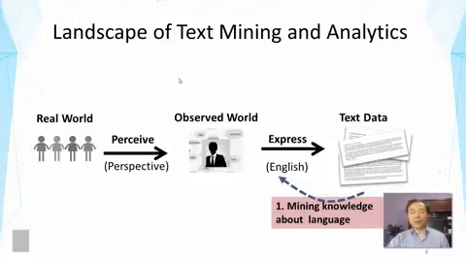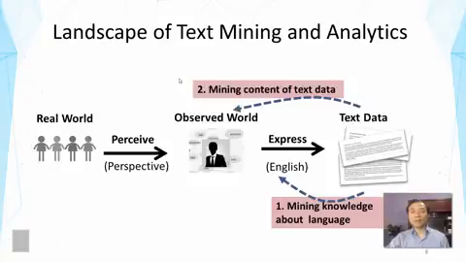That means by looking at text data in English, we may be able to discover something about English, some usage of English, some patterns of English. So this is one type of mining problem where the result is some knowledge about the language, which may be useful in various ways. If you look at the picture, we can also then mine knowledge about the observed world.